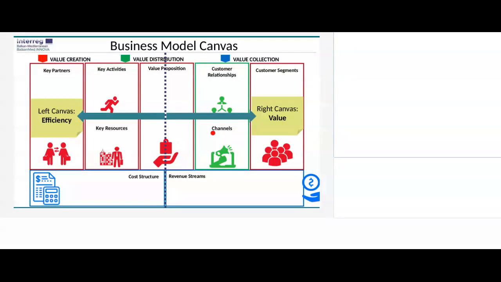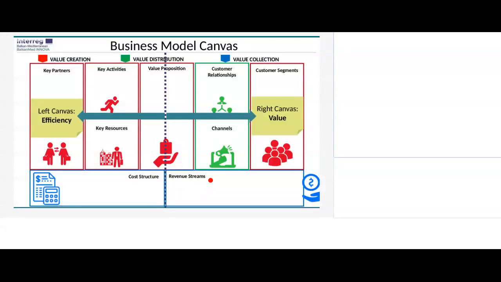Or we find a better communication channel and we can communicate better with our customer segments, or we find a better customer relationship that we want to create and we work towards that. Or we find a new way to price, a new revenue stream. We create a new service. We change the way we price things. So this is how we increase value for the customers.